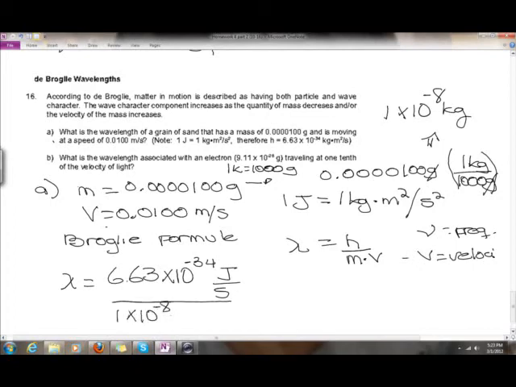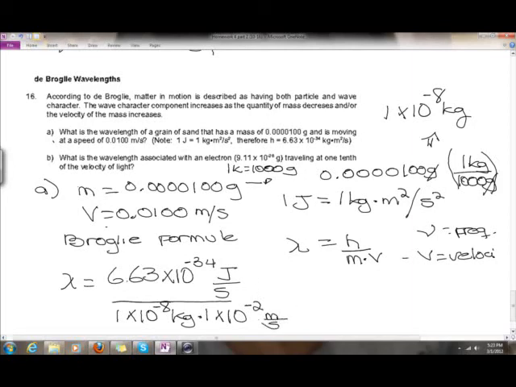Just double check my calculation, please. Kilograms multiplied, yes, by the velocity, and this would be 1 by 10 to the minus 2 meter per second.